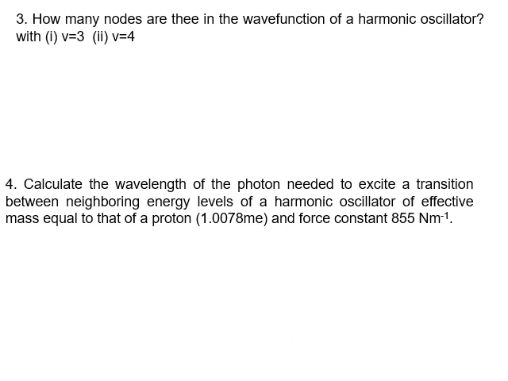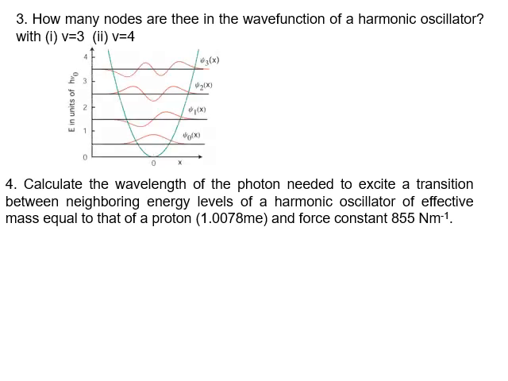Question number 3. How many nodes are there in the wave function of a harmonic oscillator with v equals 3, v equals 4? So this is the energy diagram of the first 4 energy levels and the wave functions. Compare with the 1D box model.